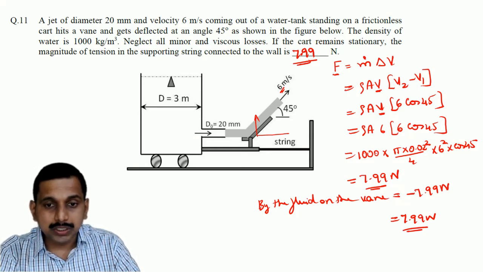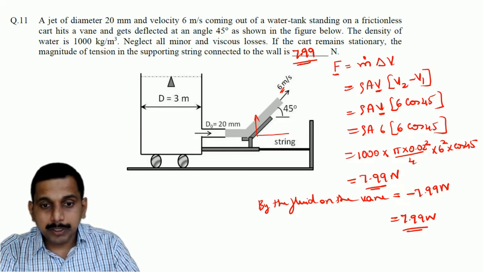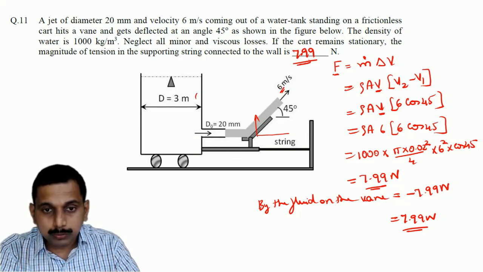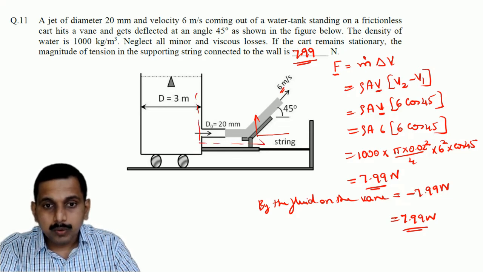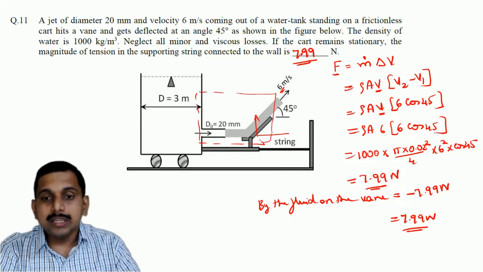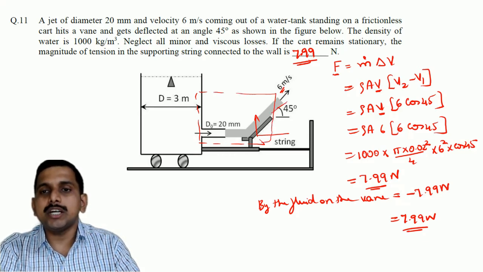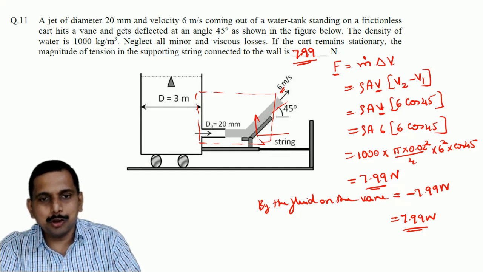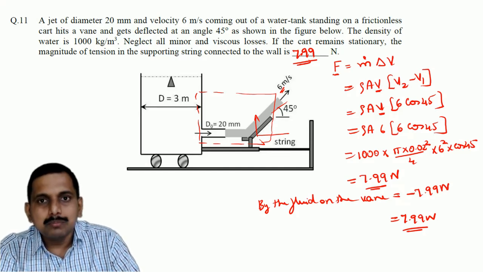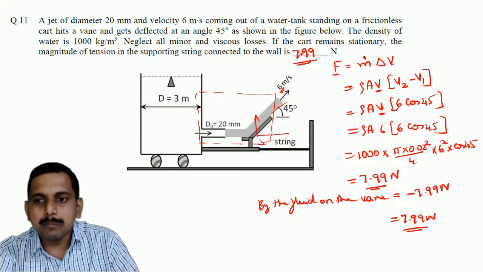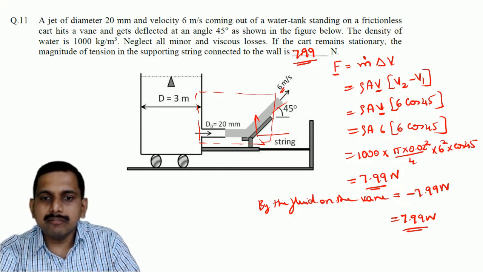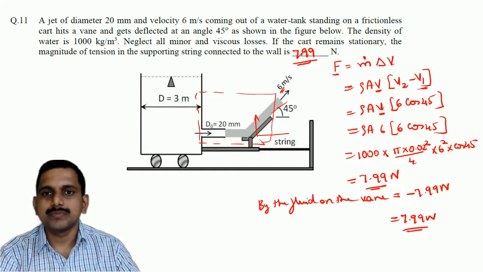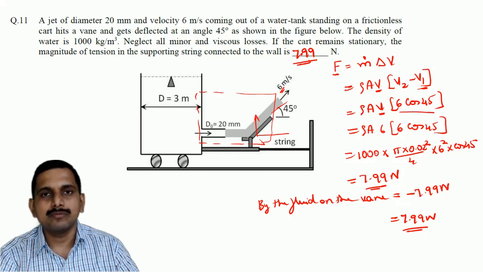Here in this case, you see this particular control volume over here. The momentum which is leaving the control volume is the only one there. What is coming in is zero because it's all relative. Here I have taken the relative velocity v1 as 0, v2 I have taken as 6 cos 45.